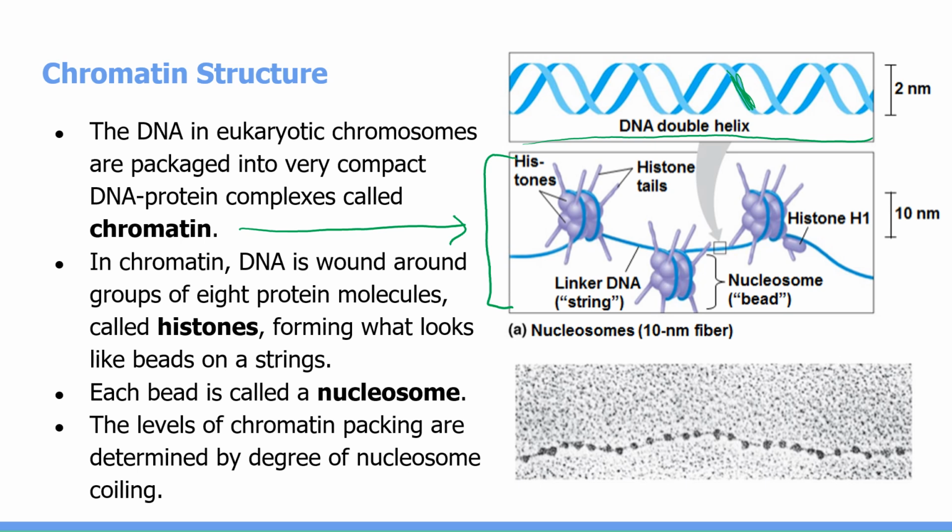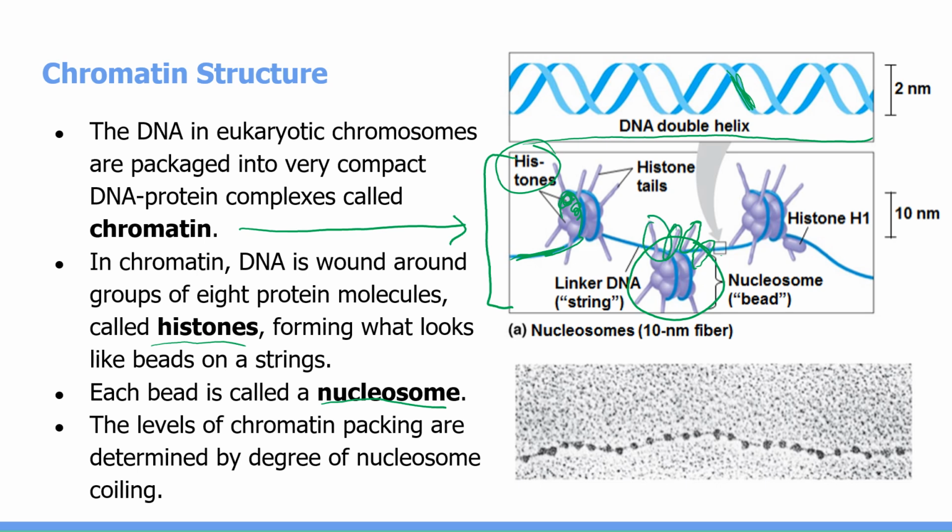And so within the chromatin, DNA is wound. You can see that there, the string wound around groups of 8 protein molecules called the histones. So the histones are these guys. And then the DNA looks like a string around the beads. So each bead is considered to be a nucleosome, and we see the labeling here. Protruding out of the nucleosome, which will be important later on, would be these histone tails.